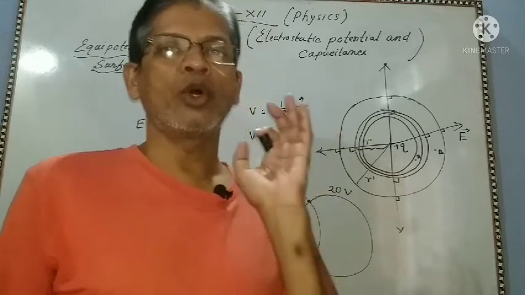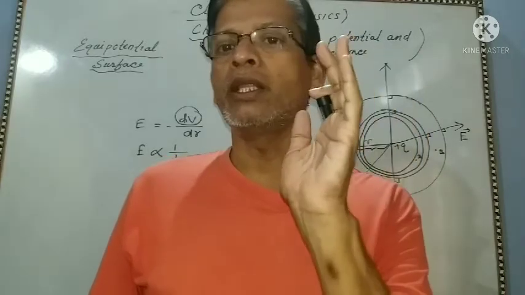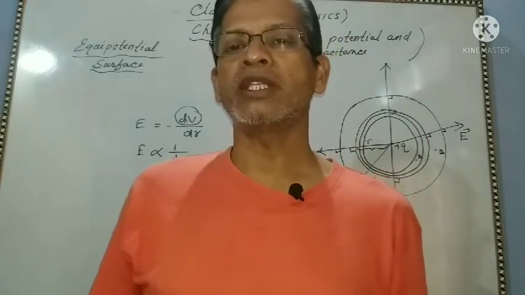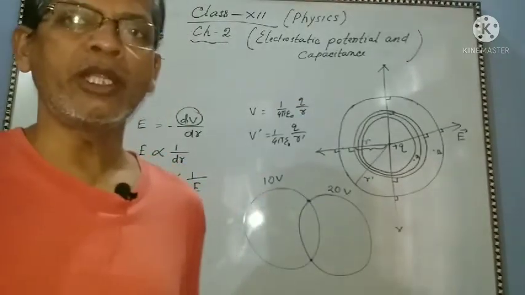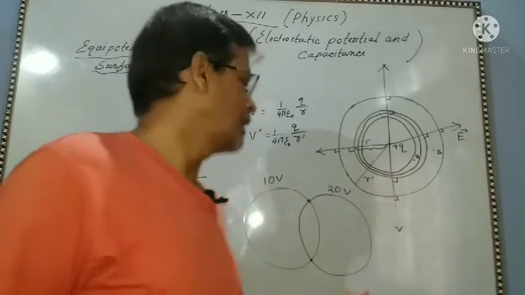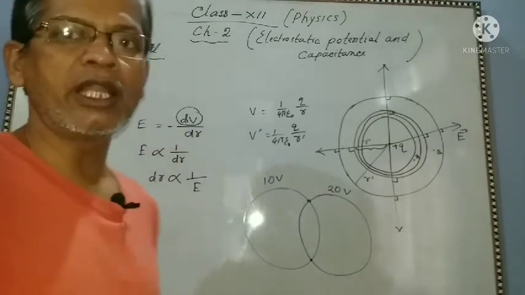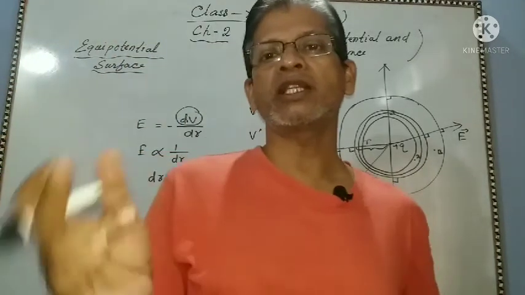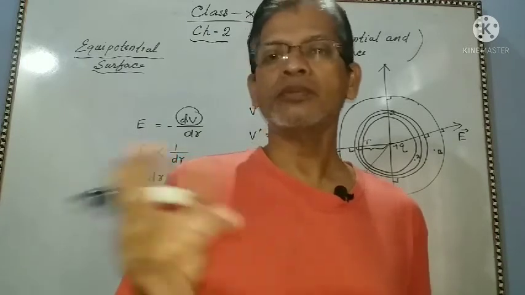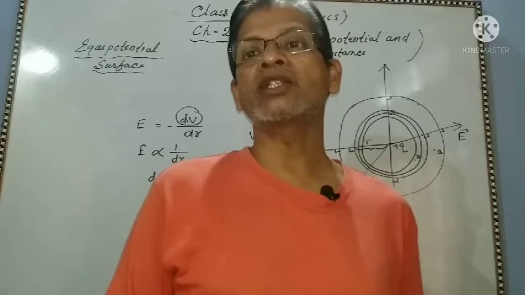Clear? So on equipotential surfaces no work will be done. On equipotential surfaces the electric field will be perpendicular. The distance between two equipotential surfaces is inversely proportional to the electric field. Where the distance is less, the electric field is more. And equipotential surfaces tell the direction of the electric field.